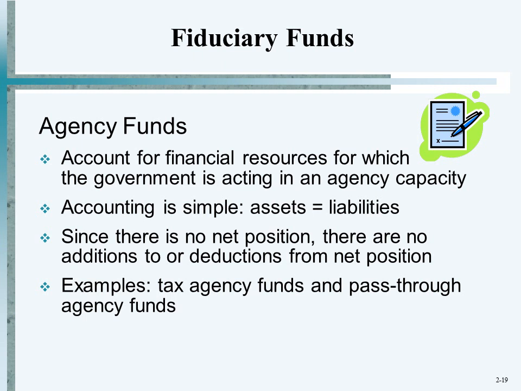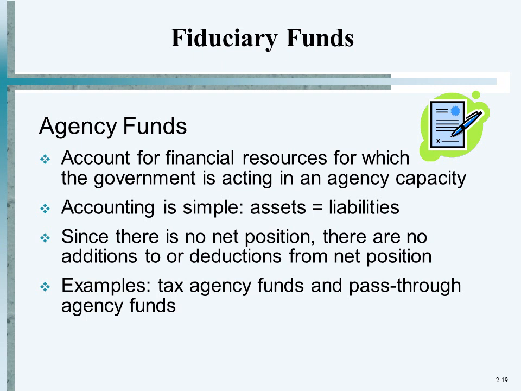There are tax agency funds and pass-through agency funds. So if one entity collects taxes and holds them for another entity, that would be sort of what happens here. For instance, I think there's a city and a county component to property taxes. If your business is in the city of Birmingham, you only get one bill.